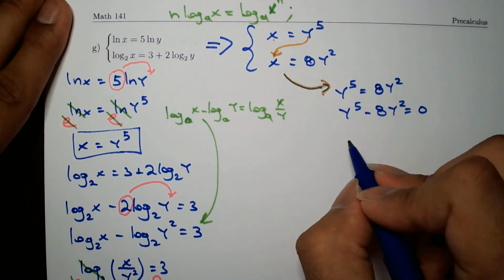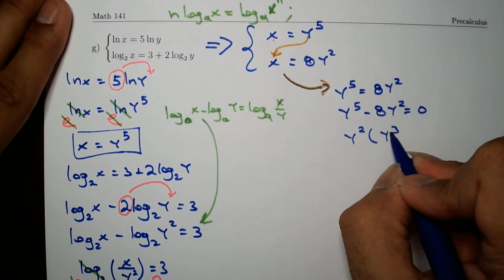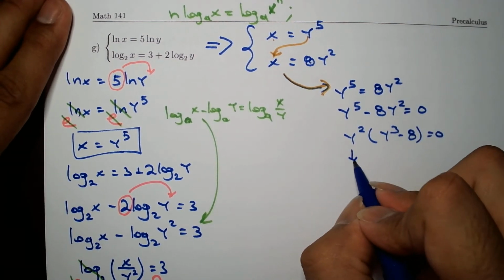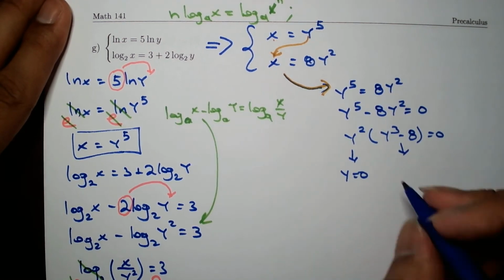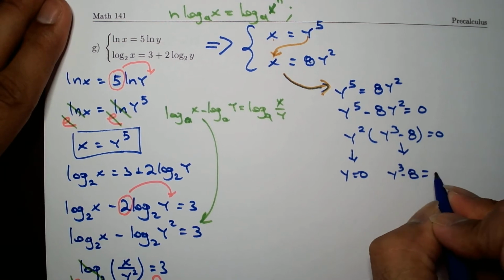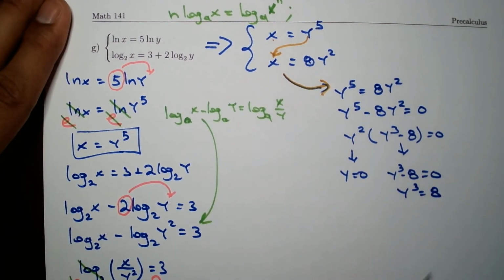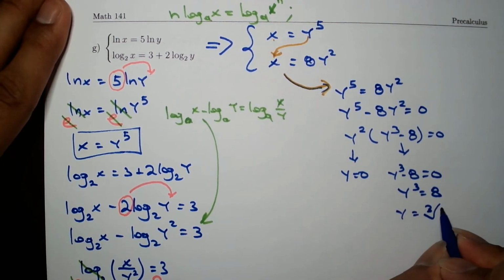So in this case, we can factor out y squared times y cubed minus 8. All right, on the one hand, y equals 0, and on the other hand, y cubed minus 8 equals 0, which is y cubed equals 8, and y equals the cube root of 8.